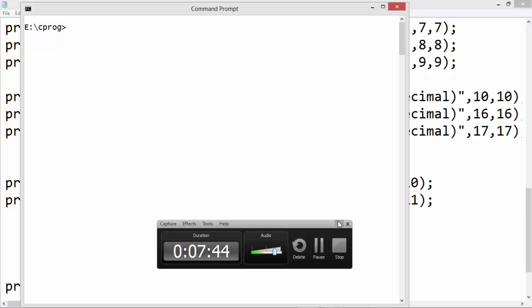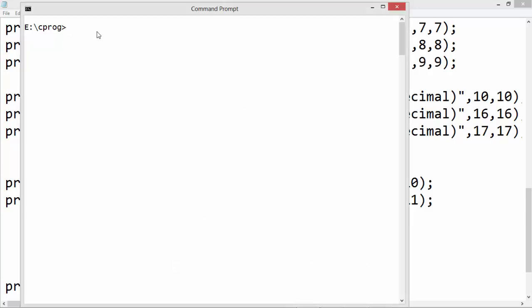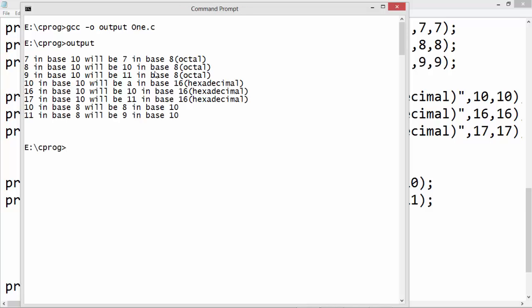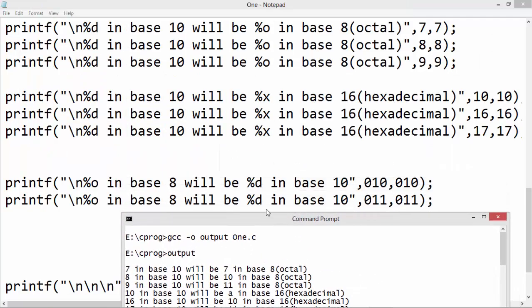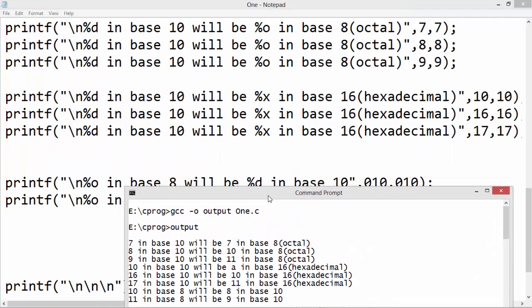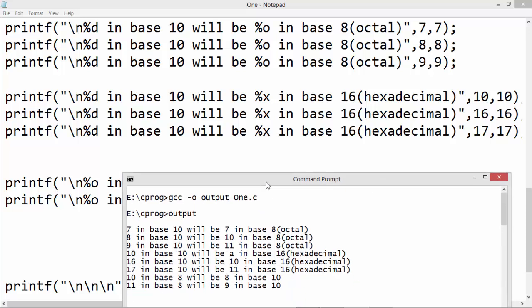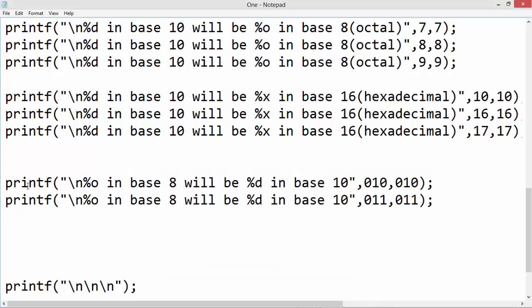Now if you look at gcc -o output 1.c, what we have done is we have given 010, it is interpreted as 10, which is no problem. 10 in base 8 is 8 in base 10, 11 in base 8 is 9 in base 10. So that is taken care of.